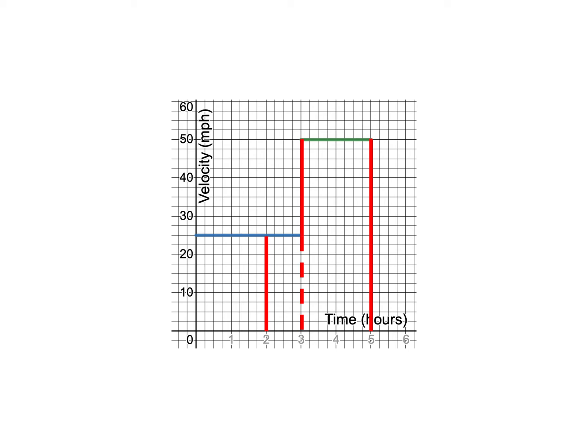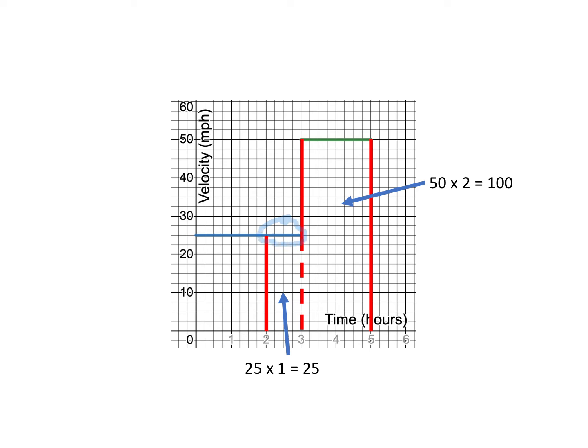So now let's say we want to use the graph to calculate how far he would travel between 2 o'clock and 5 o'clock. So if I look at my graph, from 2 to 3, he's going at a speed of 25 miles per hour.